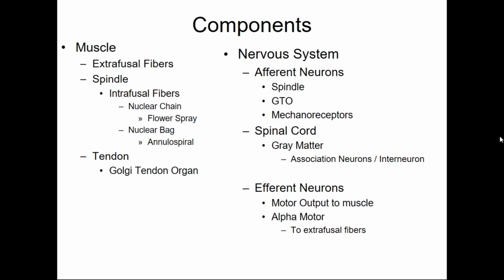As the muscle contracts, it pulls on the tendon, and that squashes down on the GTO and causes the GTO to send an impulse to the spinal cord. So muscular-wise, those are the necessary components of a muscle that we need to know.